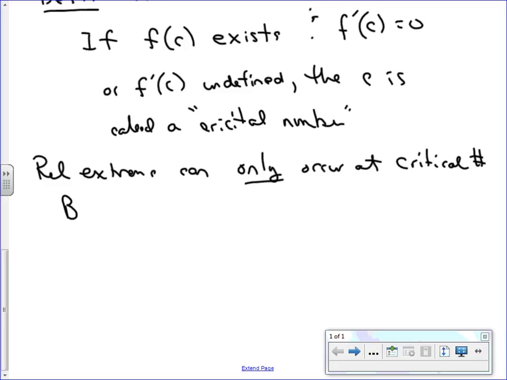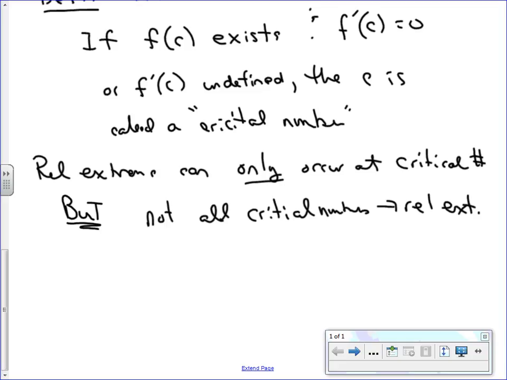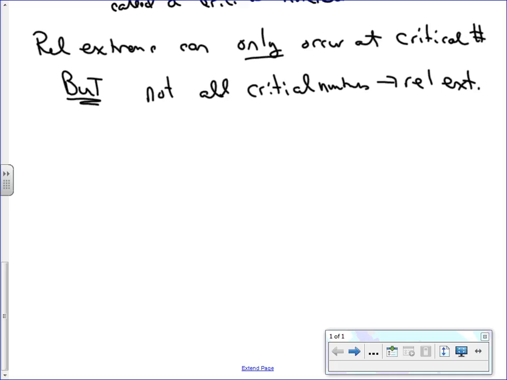However, not all critical numbers are relative extrema. So if you're looking for relative maxes and mins, we start with critical numbers. Not all critical numbers give us maxes and mins.